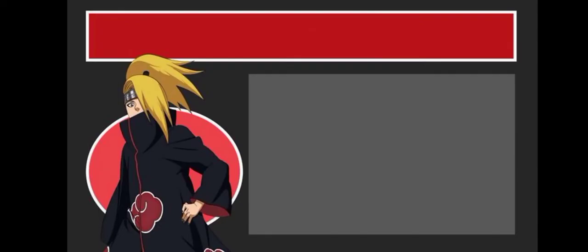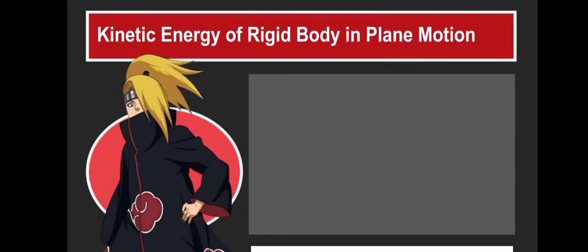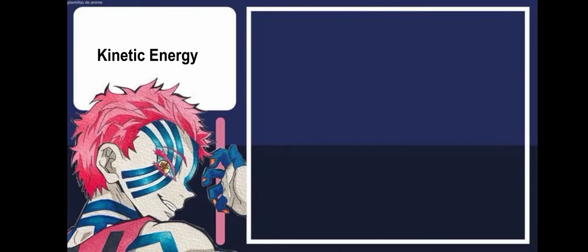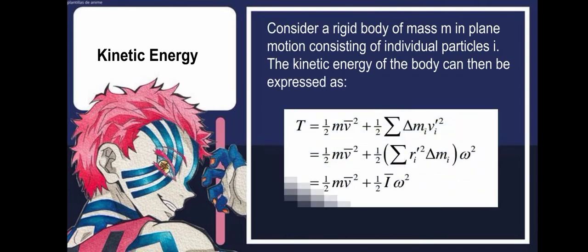So let us first consider this figure wherein this rigid body of mass m in plane motion consists of individual particles i. The kinetic energy of the body can then be expressed as 1/2 m v̄² plus 1/2 summation of Δmi vi².